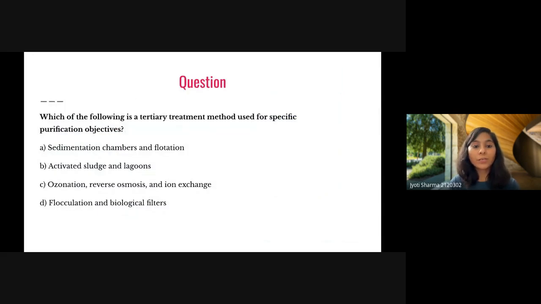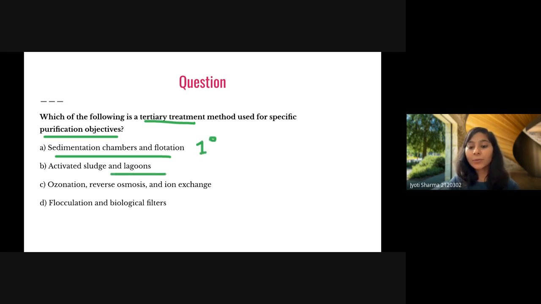Okay, so this question is about the tertiary treatment method that is specifically used for the purification objective. So, can you find out which one is the tertiary treatment method? Dia gave me answer C. Okay, sedimentation, filtration, and flotation are part of primary treatment.